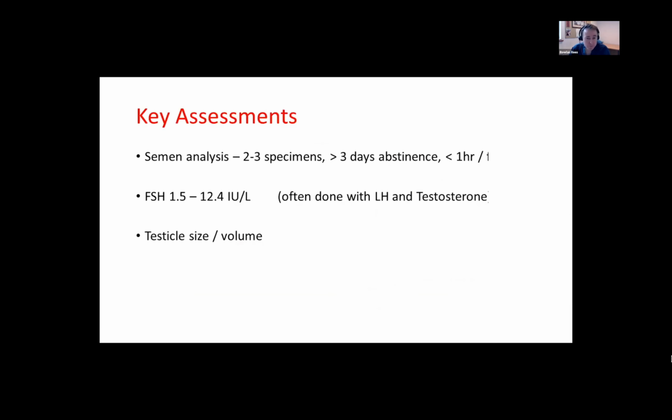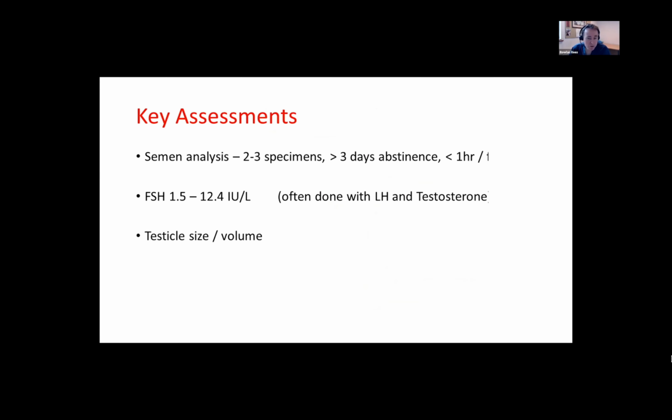In terms of assessment, so we've taken a history, we've examined, and then of course further assessments really depends on what the semen analysis shows. The semen analysis is obviously the cornerstone of male fertility assessment, and the sooner they have one of those, the better. Important facts to note here are: don't rely on one specimen, like I've said.